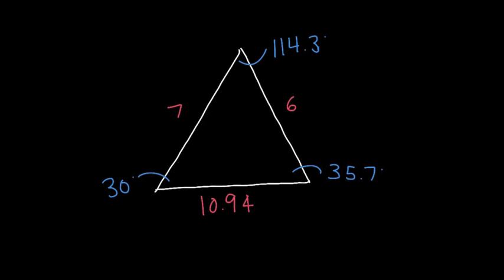And here are all the missing sides and angles when you assume that angle B is acute. But we're not done yet, because we have only solved the angles and sides so far assuming that angle B was acute. Now we have to assume angle B is obtuse for the second possible triangle.